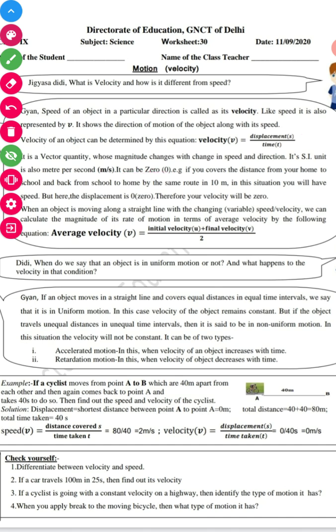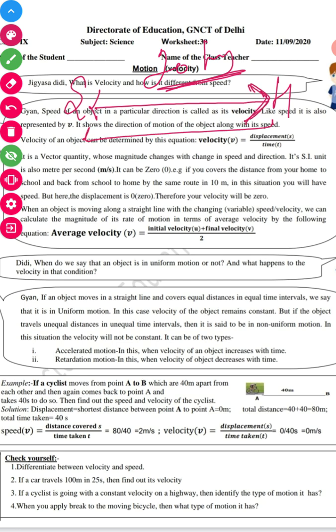Let's take an example. If this is your school and this is your house, and the distance between your school and house is say 20 meter, and you start coming to your school by covering the distance of 20 meter, and after that you move to your house.